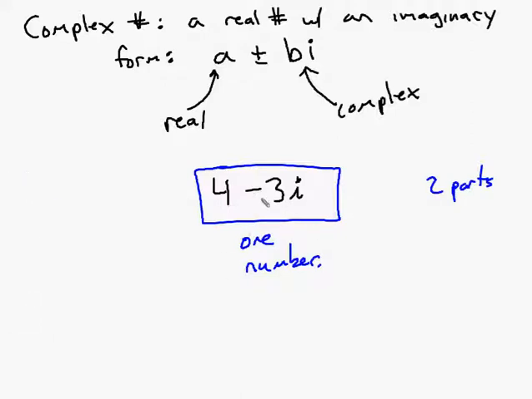Well, before we get to add, subtract, multiply, divide, let's represent this number. Let's graph it. So normally when we graph, we have x, y, right? Not anymore, not for complex numbers. This is real, and this is imaginary.